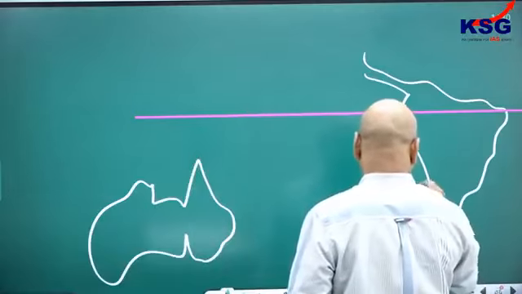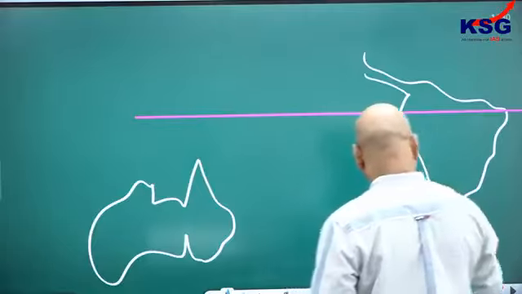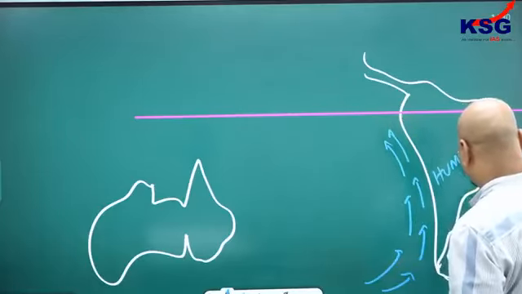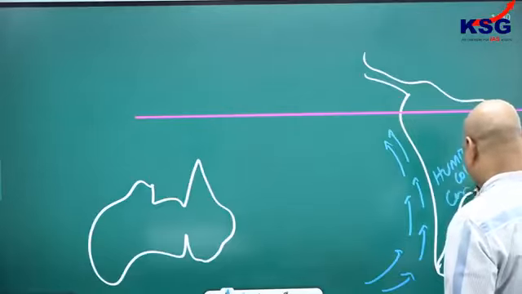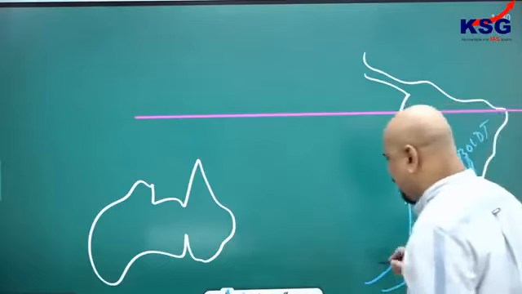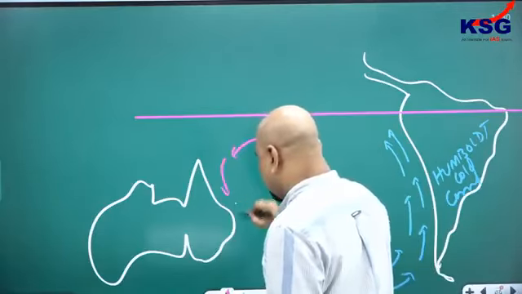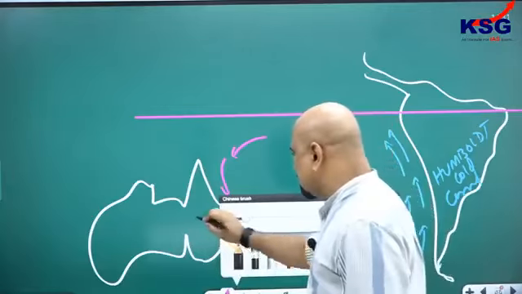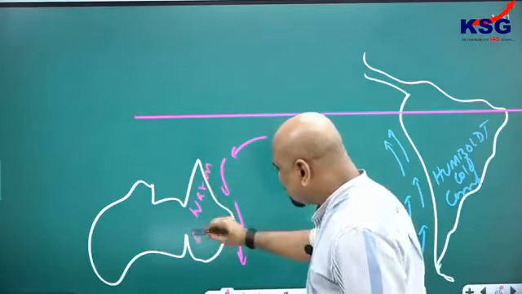Here you have, what is this? Humboldt current. Humboldt cold current is a cold current having high pressure, and this side you know that this here is a warm current. Can you name this current? This is the East Australian current. East Australian current is a warm current.